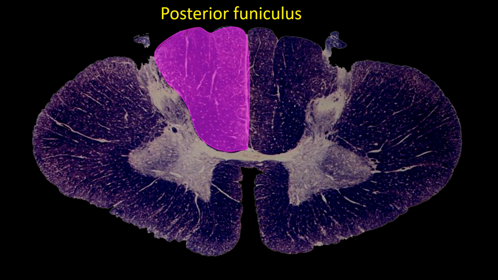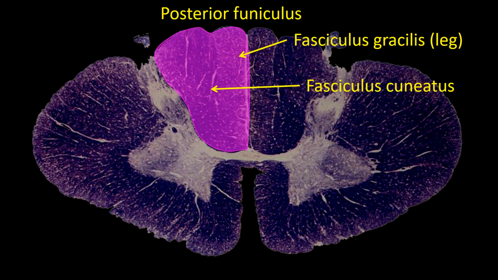The posterior funiculus is occupied by the fasciculus gracilis. The fasciculus gracilis brings lower body fibers from the ipsilateral dorsal spinal ganglion sensory cells, mainly from the ipsilateral leg.